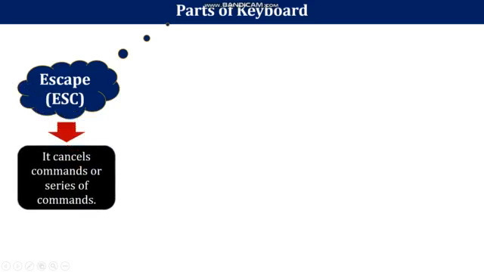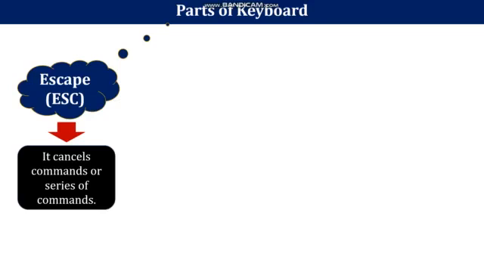parts of keyboard. We have just read about the different keys. Now here we are going to read about the parts of the keyboard. The first key that we are going to read about is the escape key. Escape key cancels a command or series of commands. What happens? Escape key helps us cancel our previous action.